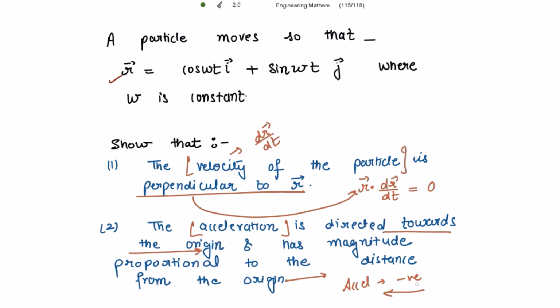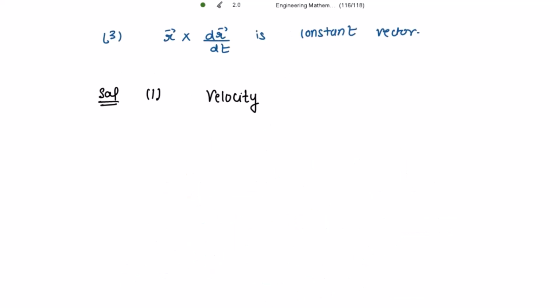Acceleration is negative, meaning it is opposite to the direction of the position vector, which means it is directed towards the origin, right? And it has a magnitude proportional to the distance from the origin. Magnitude means we need to find the mod of a vector. Then the third part, we need to show that this cross product is a constant vector.